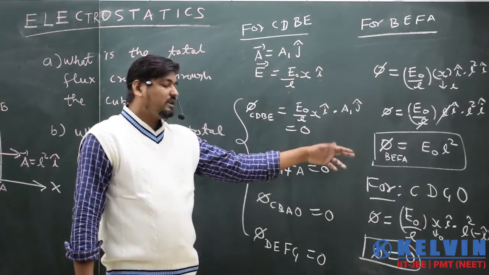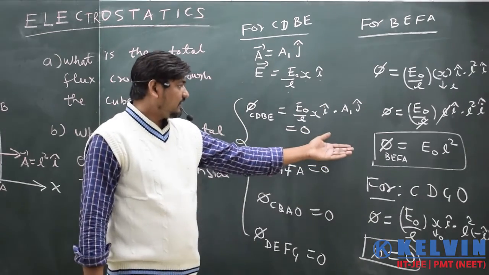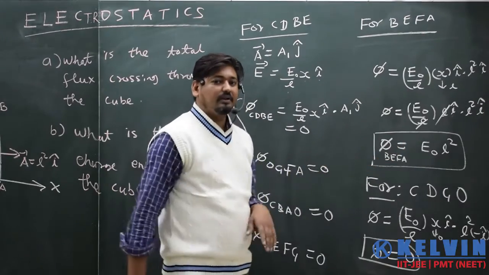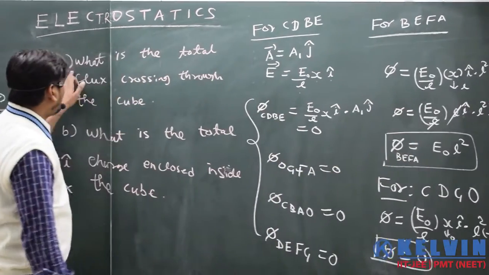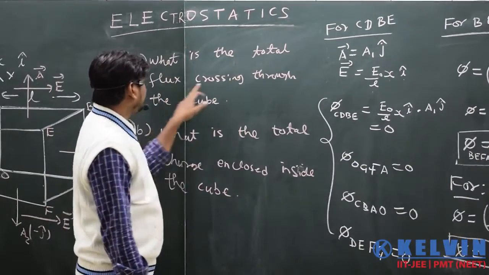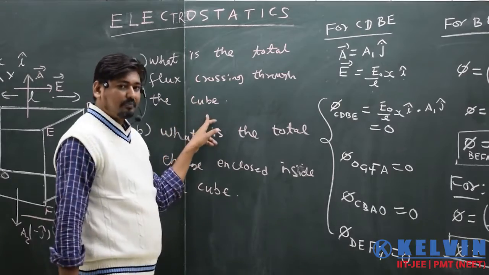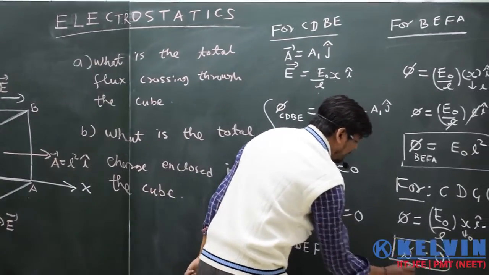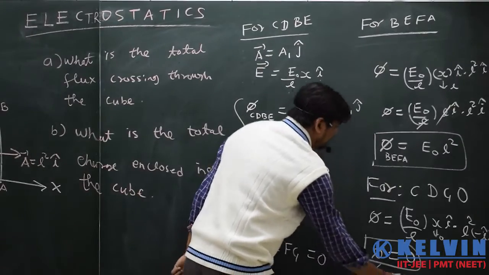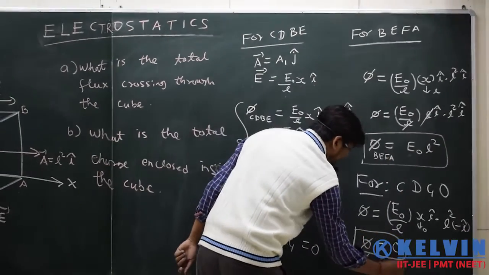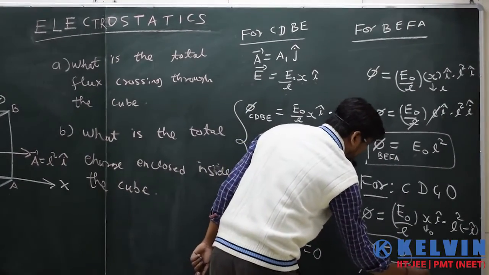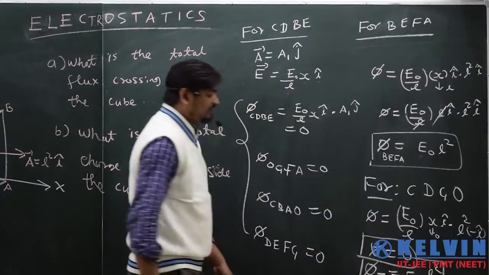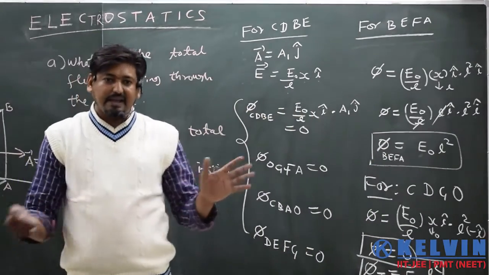Only the surface BEFA has the flux associated, E naught L square, and which must be the answer of the first part. What is the total flux crossing through the cube, right? So the total flux crossing through the cube, phi total, will be equal to this quantity itself, and it is E naught L square. Correct? So this is the answer of part A.